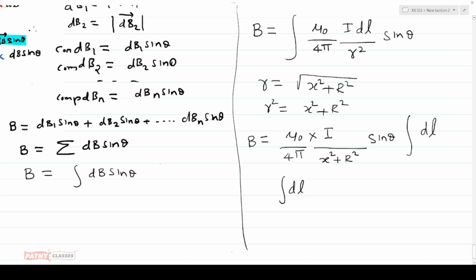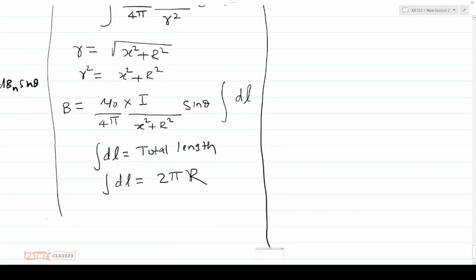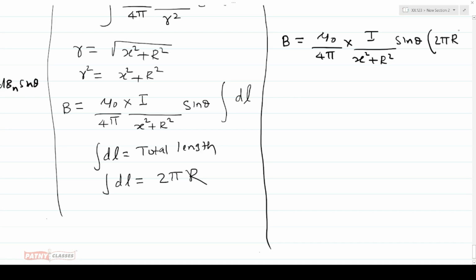Integration of dl is nothing but the total length of the coil, that is nothing but 2 pi r. Therefore B equals mu naught upon 4 pi into I upon x square plus r square into sin theta multiplied by 2 pi r.